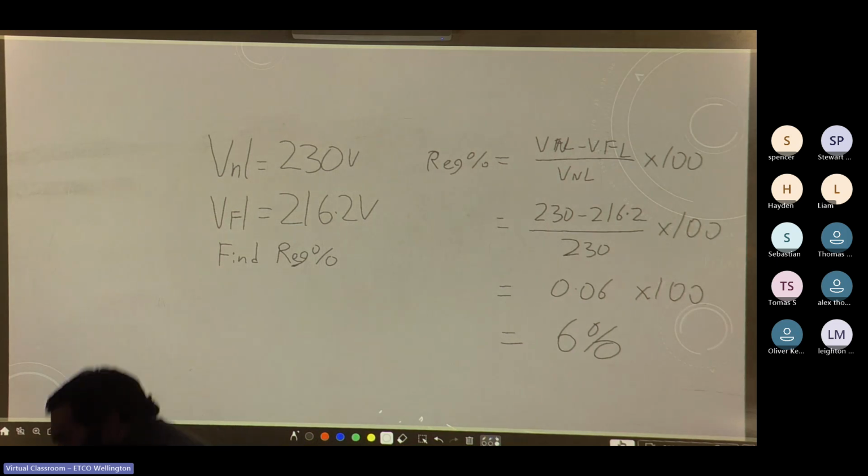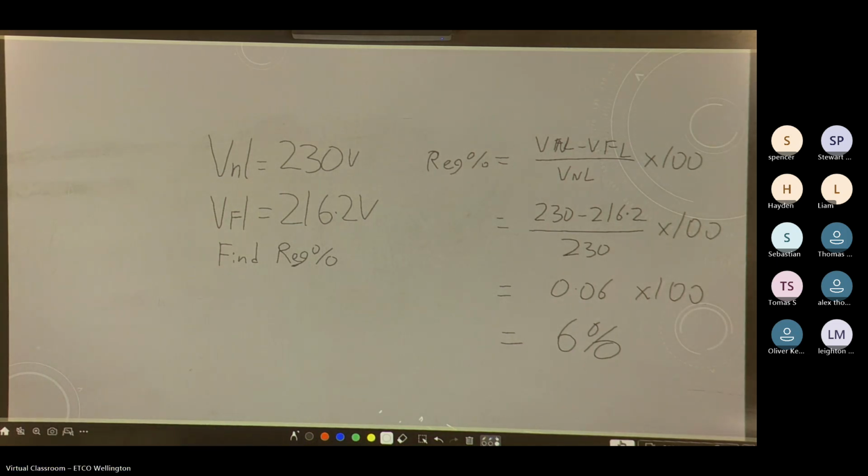Oh, that one's nice and clean, easy. Cool. So that's regulation. It's basically your voltage no load minus full load, divided by no load, times 100.